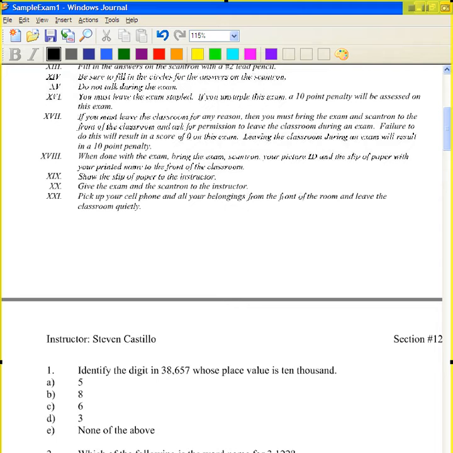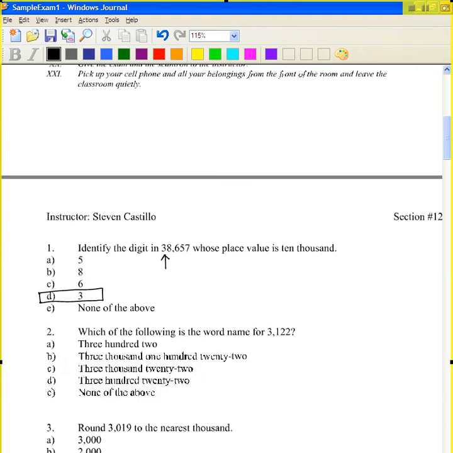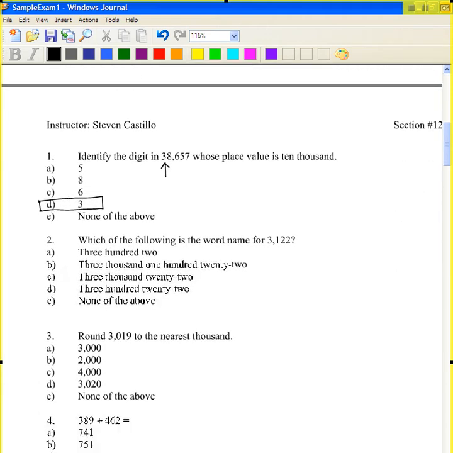Okay, so identify the digit in 38,657 whose place value is 10,000. So here's the 10,000s. And so the digit in this case is 3. And so D. Which of the following is the word name for, well, this will be 3,122.